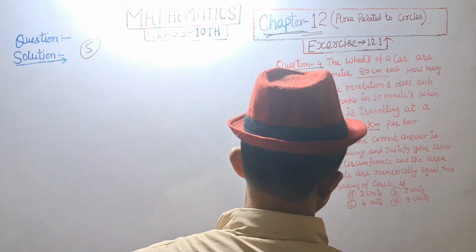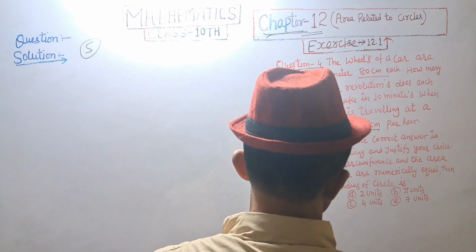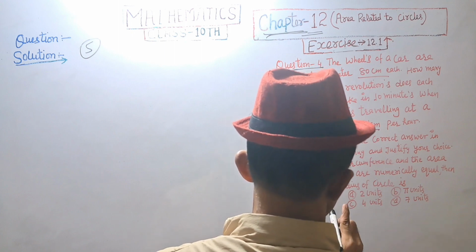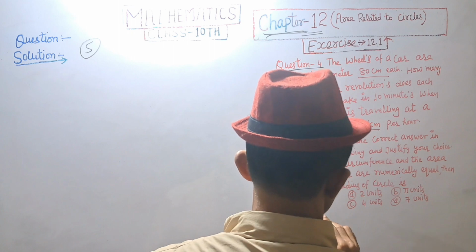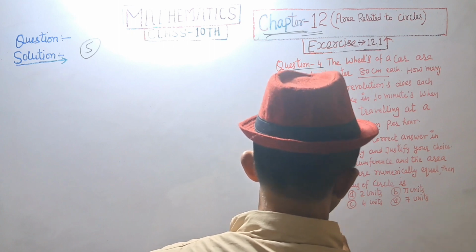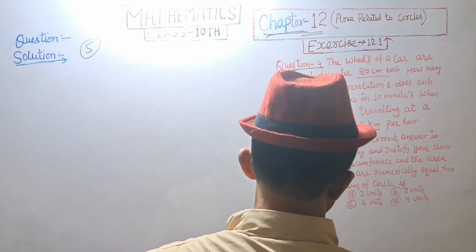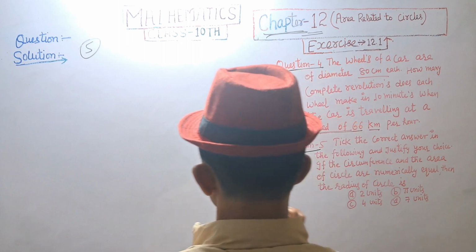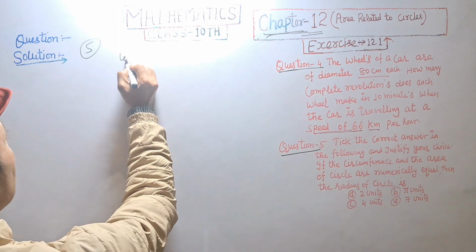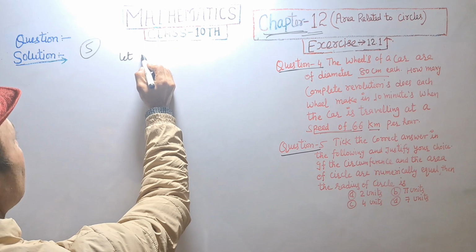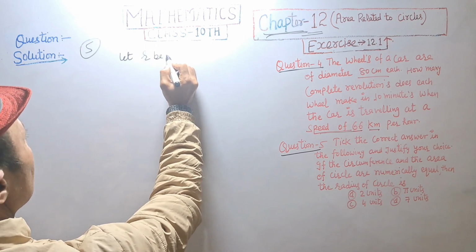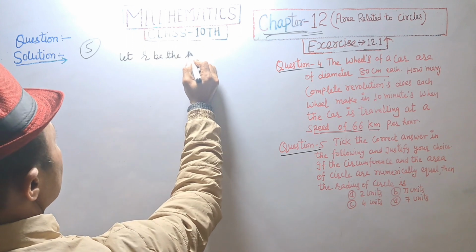Question number 5. Pick the correct answer in the following and justify your choice. If the circumference and the area of circle are numerically equal, then the radius of circle is. Let r be the radius of circle.